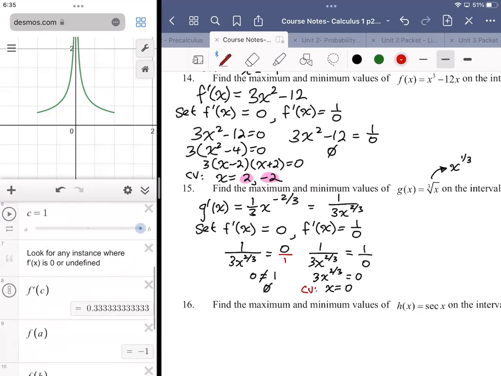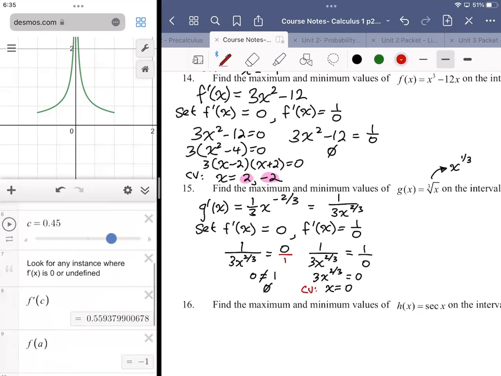But if we're looking for an instance where the function is undefined, 0 gives you an instance where it's undefined. Never an instance where it's equal to 0, but there is an instance where it's undefined. So that gives us a critical value. So I'd set this to 0.